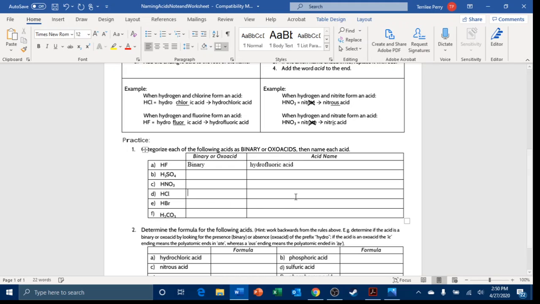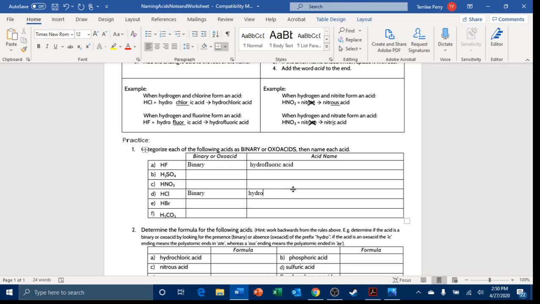You have HCl, which is also up here in the example. And HCl is going to be binary because it has hydrogen and one other element. And for binary, it's always hydro.